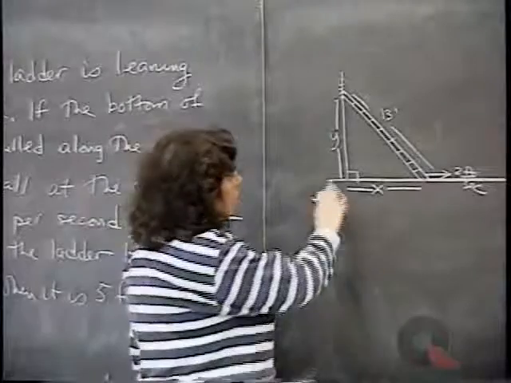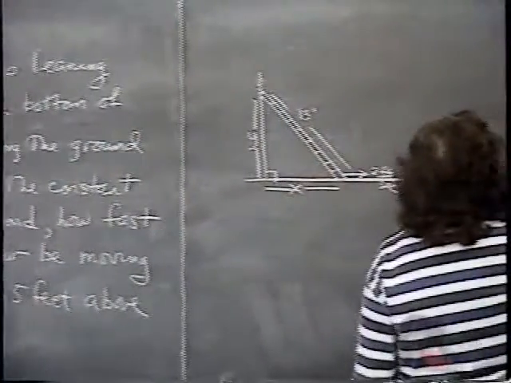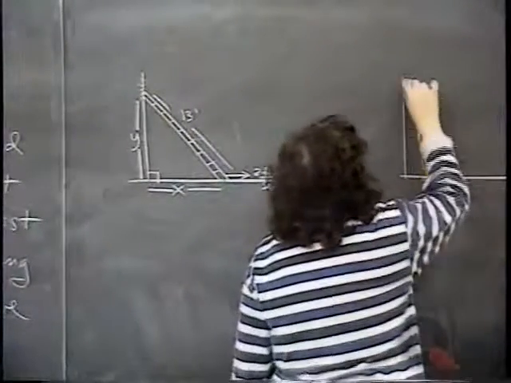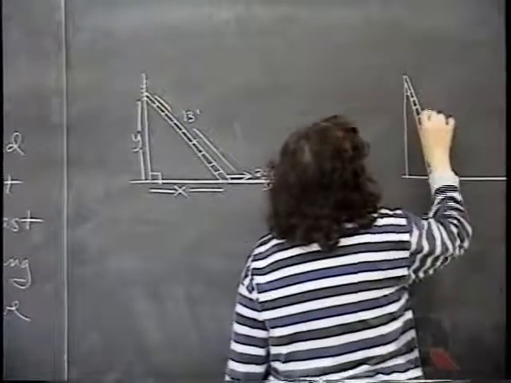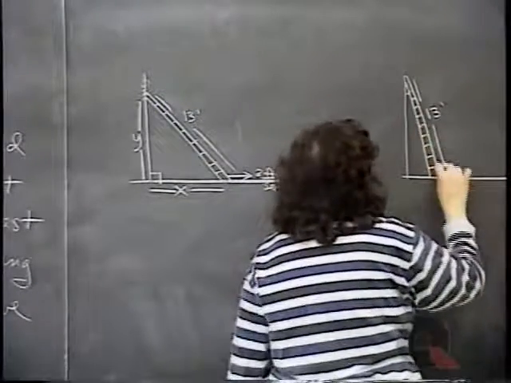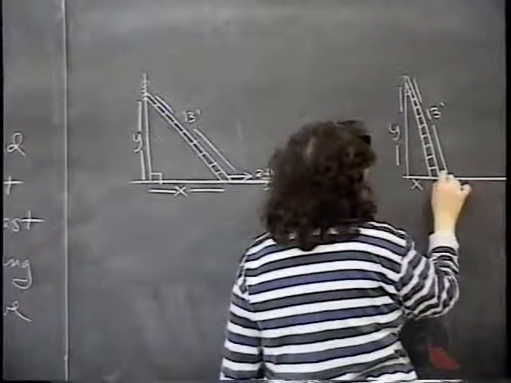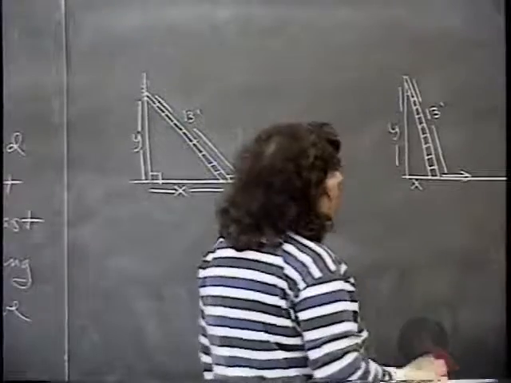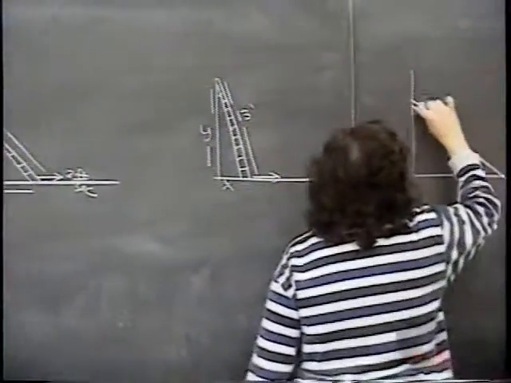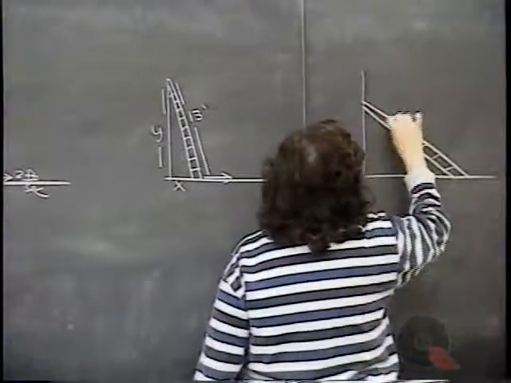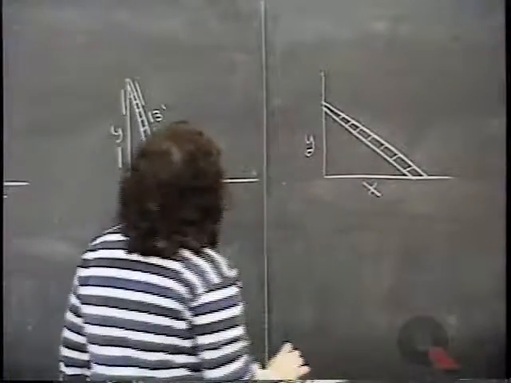Now, to understand how these variables x and y are changing, imagine that originally the ladder, 13 feet long, was like this. This was y, and this was x. But the guy is pulling it out here. Now the ladder hasn't changed, but y has decreased and x has increased.